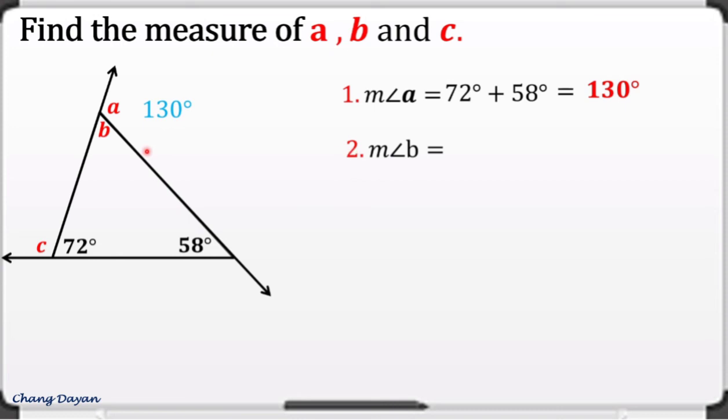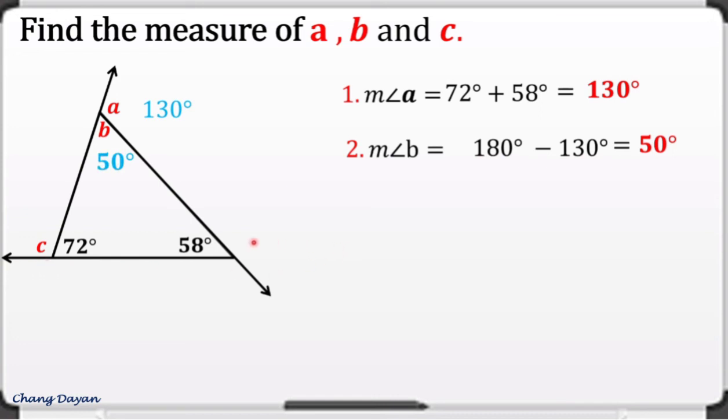And to find the measure of angle B, as we all know, the total measure of a triangle is 180. We'll just substitute 72 degrees and 58 degrees. Or, since this is a linear pair, subtract 130. Okay? And we'll have 50 degrees.